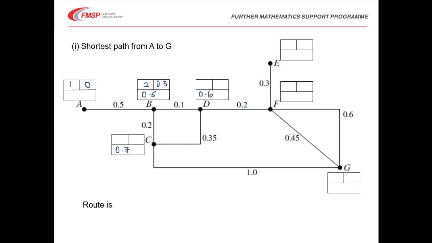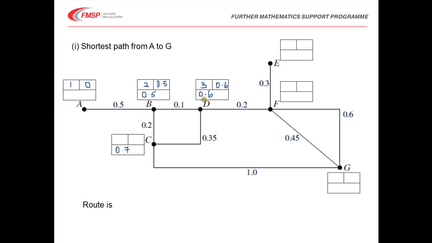And what we have to do now is look at our temporary labels. So we have a temporary label of 0.6 here, and a temporary label of 0.7 there. And what we are told in Dijkstra's is that we take the smallest one, we make it permanent, and that is now the third node or third vertex that we have made permanent.